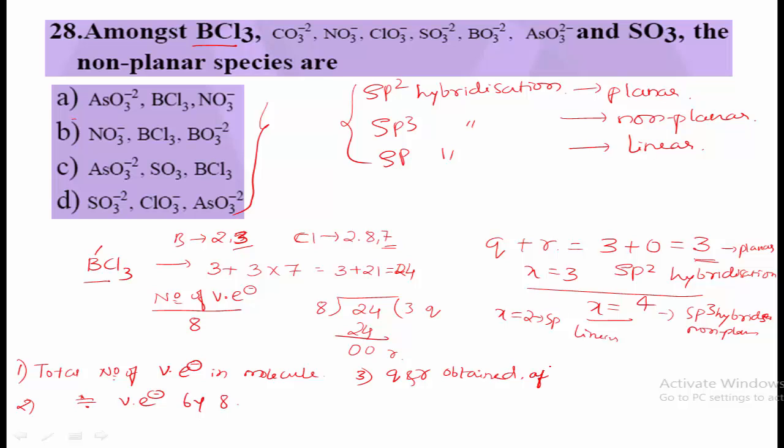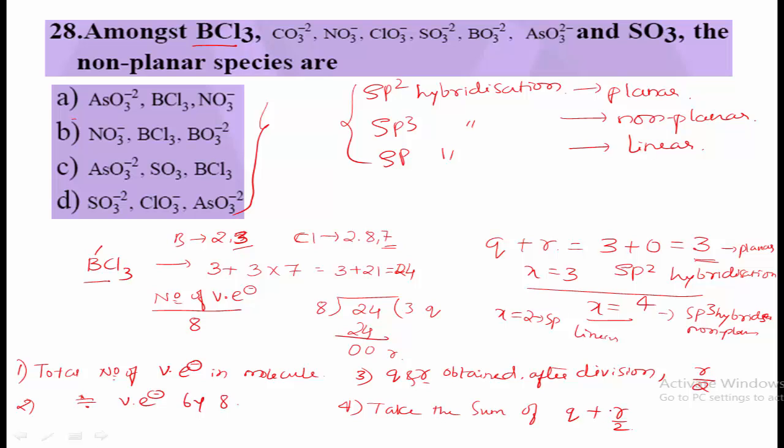The remainder R should again be divided by 2. After that, take the sum of Q plus this R which is divided by 2.